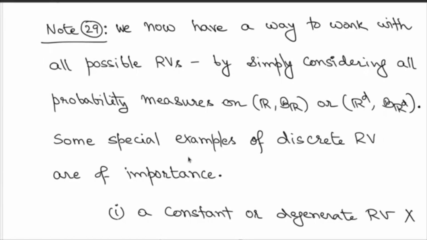Alright. Now observe this, that we have a way to work with all possible random variables now, or all possible random vectors. Why? Simply consider all possible probability measures on the real line or on R^d. Okay. So if you consider all such laws, then of course all the information about those random variables or random vectors is actually concentrated in the law.